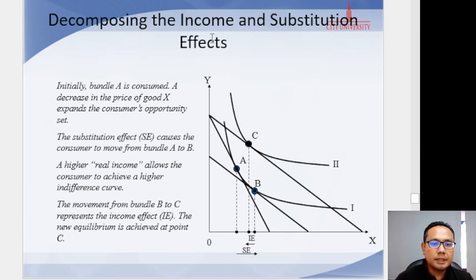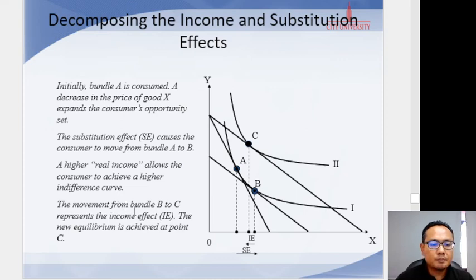Decomposing the income and substitution effect. Initially bundle A is consumed. A decrease in the price of good X expands the consumer's opportunity set. The substitution effect causes the consumer to move from bundle A to B. So the equilibrium changes from A to B. A higher real income allows the consumer to achieve a higher indifference curve.